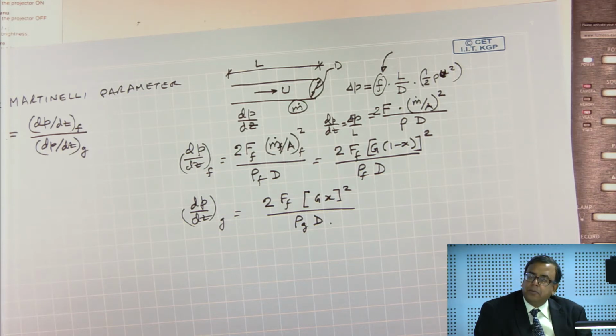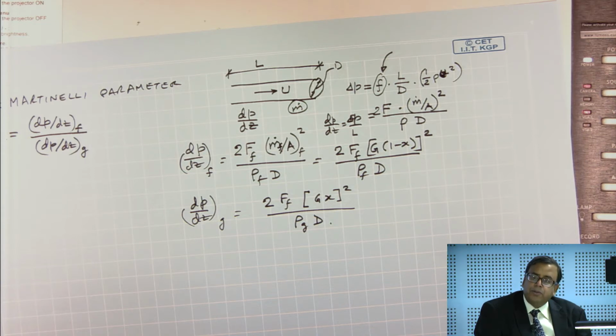Okay. Now, when you have boiling or evaporation happening or condensation, the value of x is going to change along the flow direction. So, you will have different values of Martinelli parameter in different parts of your pipe.